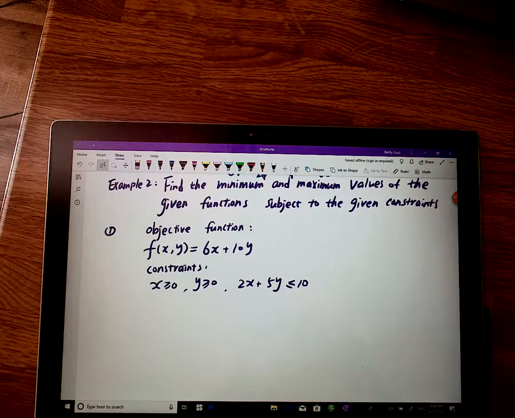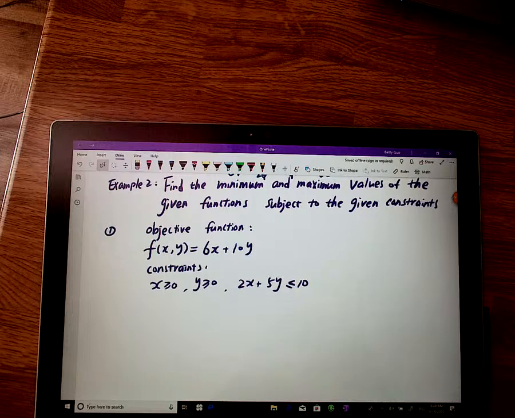Step 2, identify the objective function that is to be optimized. We're going to see that concept in example 2. Step 3, evaluate the function at each of the vertices of the feasible region and compare the values found.